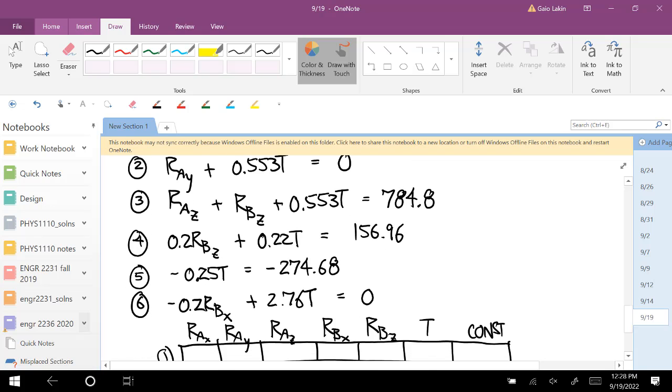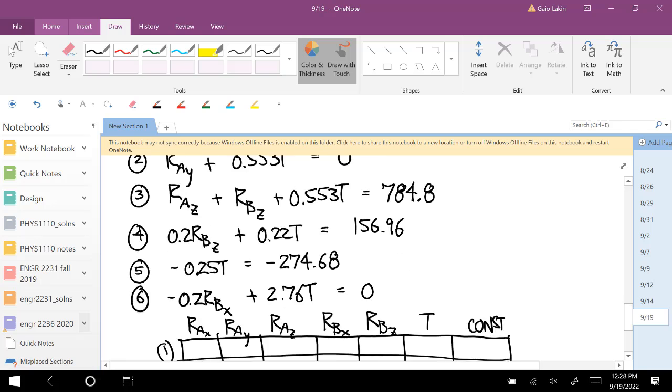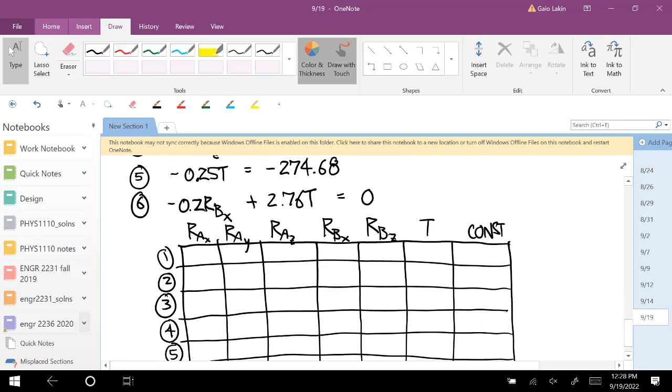Can somebody read me off the coefficients of these variables? So for the first one, 1 RAX, and then next one is RBX is 1, right? And then what else? Anything else? Negative 0.629, and then everything else is zeros.